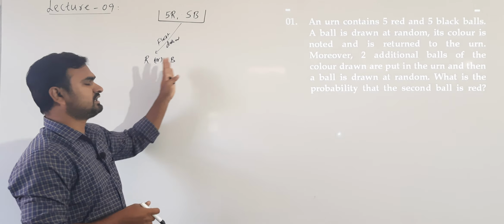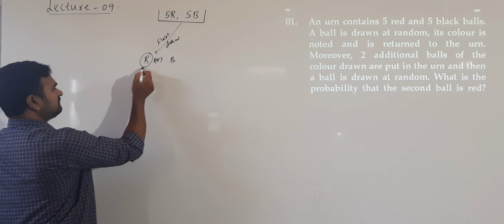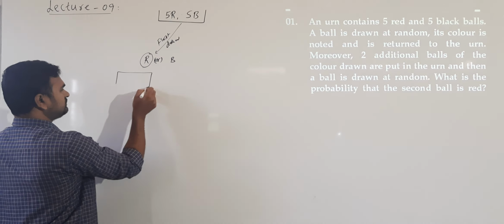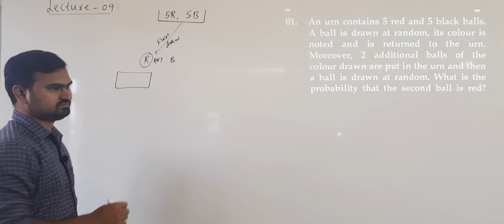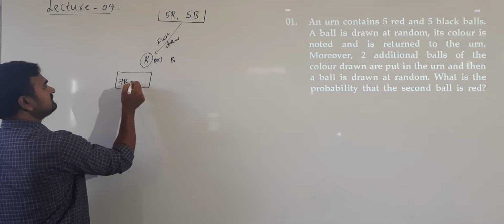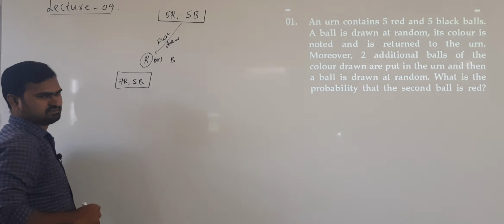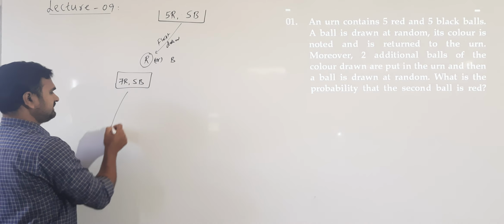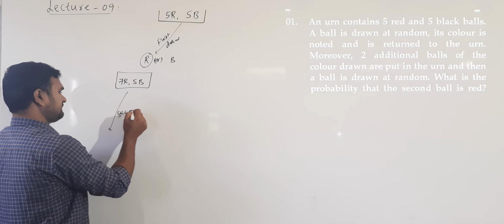Suppose it is red. If it is red, we add 2 more balls of this red color. So now it is 7 red balls and 5 black balls. Now from this we take one more ball, the second draw.